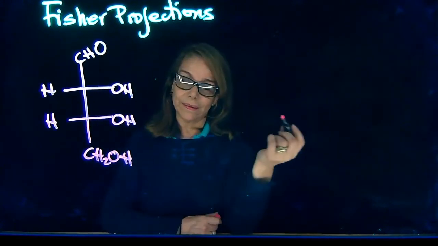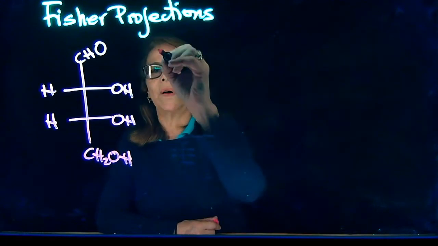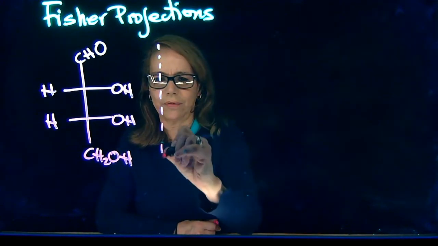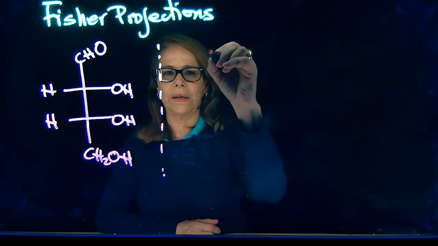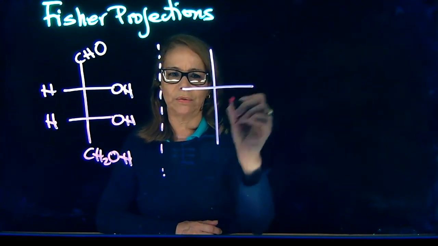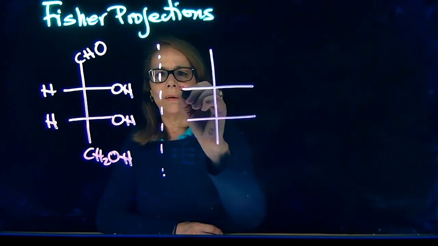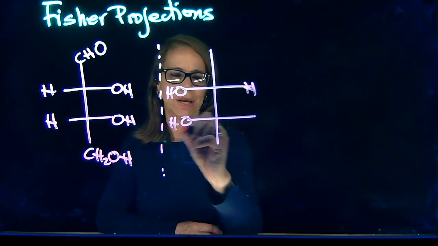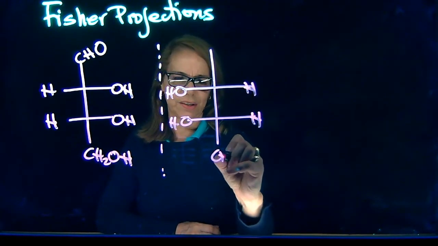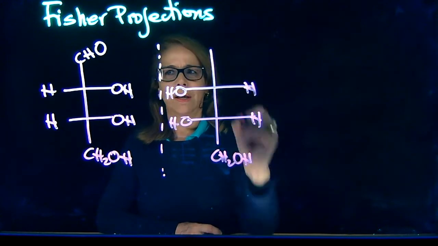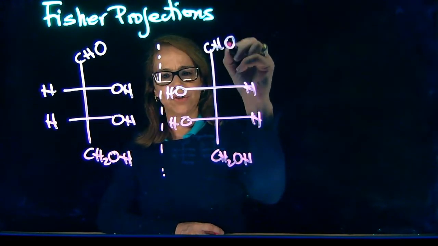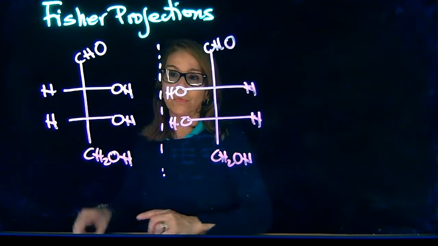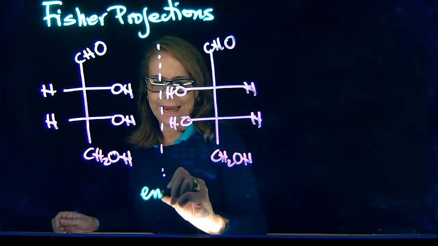Now, imagine that I have a mirror here; we will draw the enantiomer to the molecule the following way. We will have OH, H, OH, H, and here CH2OH. And so the relationship between these two molecules is enantiomers.